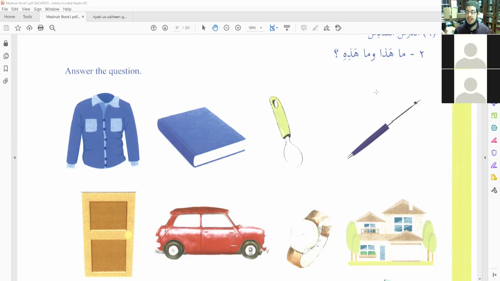So if it is a masculine noun, you will have to say hadha. You're making a jumla ismiya. The mubtada is the demonstrative pronoun, either hadha or hadhihi, and the khabar will be the name of the noun that is pictured. Hadha so and so, or hadhihi such and such.